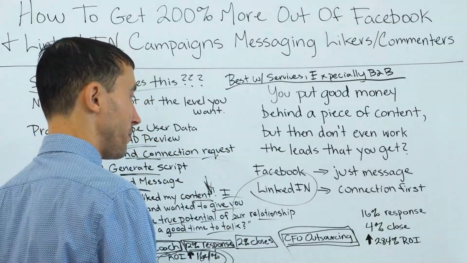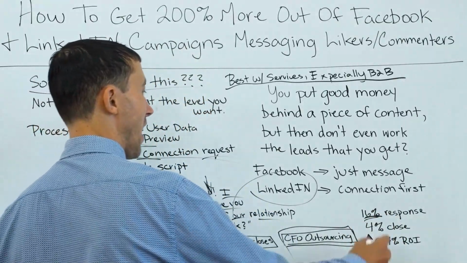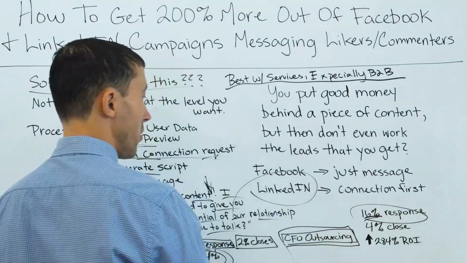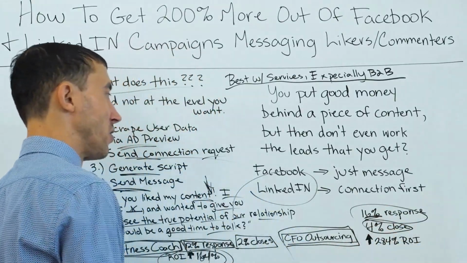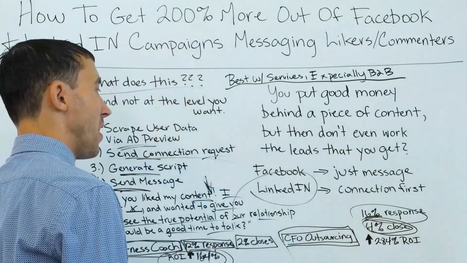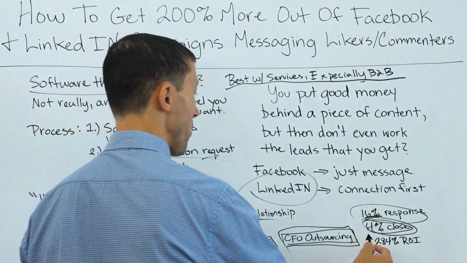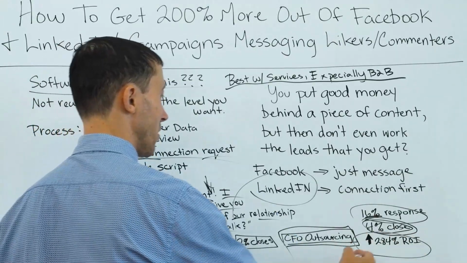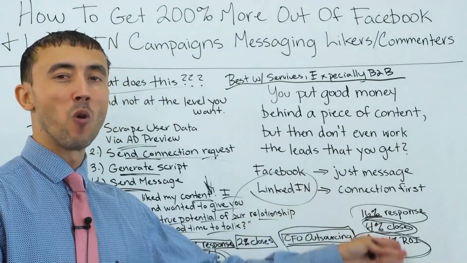So in that case, we got 16% of the people who liked and/or commented to where we could talk to them at least. 4% of the people that we talked to would close into a client. And this in and of itself increased the ROI even more than the fitness coach business, a 284% increase in ROI on the campaign, just from adding that one element.